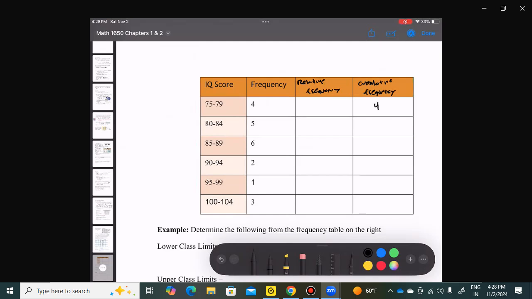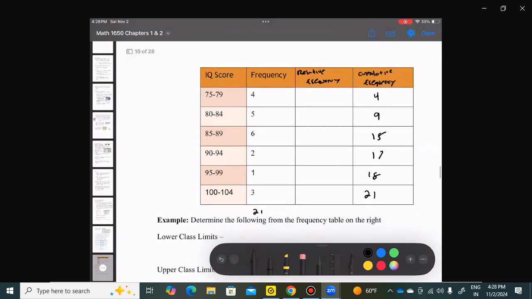Then we add 5 to get to 9. Then we add 6 to get to 15. Then we're adding 2 to get to 17, 18, 21. So total here is 21. Relative frequency would take each one out of 21. So 4 out of 21, 5 out of 21, 6 out of 21, 2 out of 21, 1 out of 21, 3 out of 21.